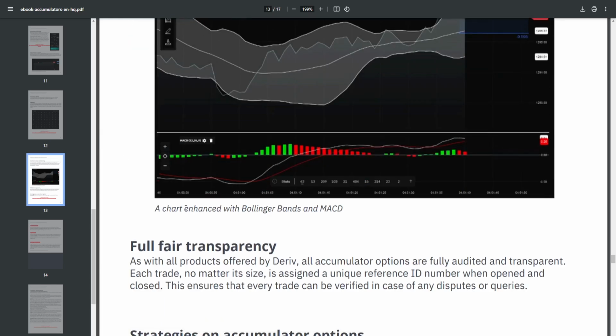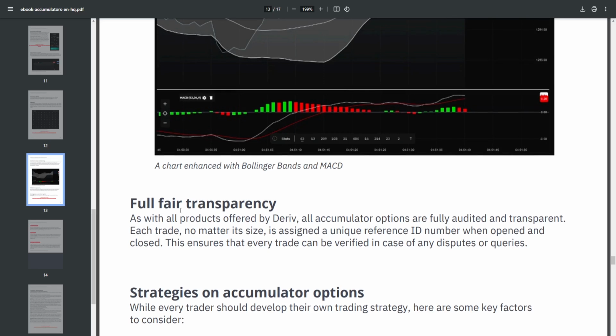Now, full, fair transparency. For those who have been doubting, Deriv is one of the most credible trading sites in the world. As with all products offered by Deriv, all accumulator options are fully audited and transparent. Each trade, no matter its size, is assigned a unique reference ID number when opened and closed. This ensures that every trade can be verified in any case of disputes.